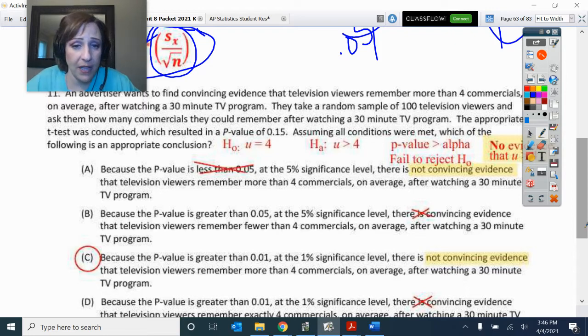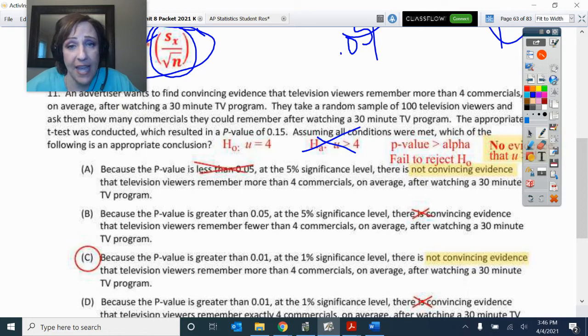So the null hypothesis is that they remember 4 on average, and for the alternative, we want to see if they remember more. They got a p-value of 0.15. I know this p-value is greater than most reasonable alphas, because the biggest that typically happens is 0.10. So I'm going to fail to reject. So I will have no evidence of HA.